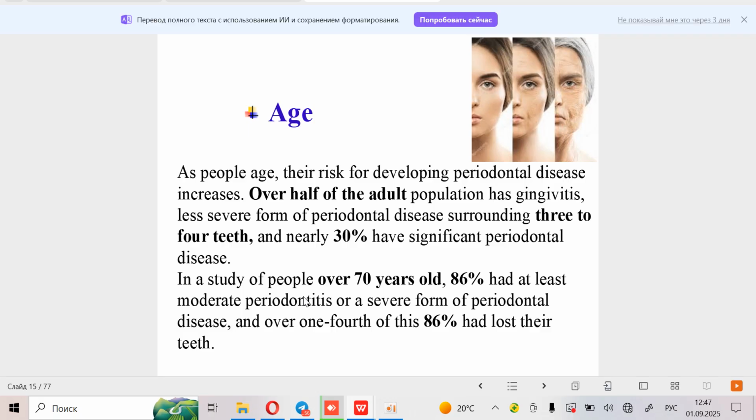In a study of people over 70 years old, 86% had at least moderate periodontitis or a severe form of periodontal diseases, and over 1/4 of these had lost their teeth.